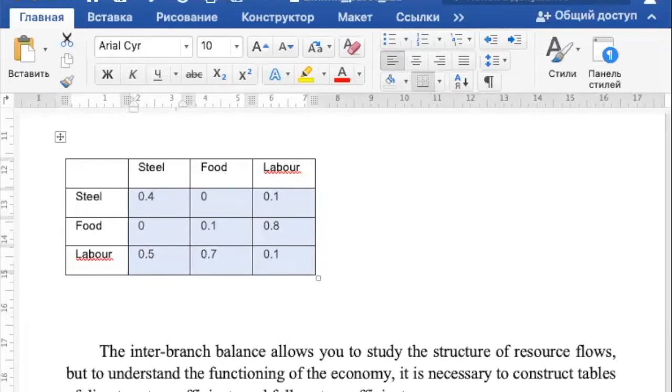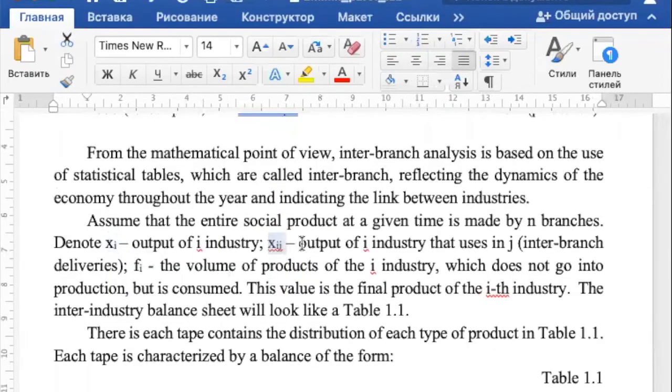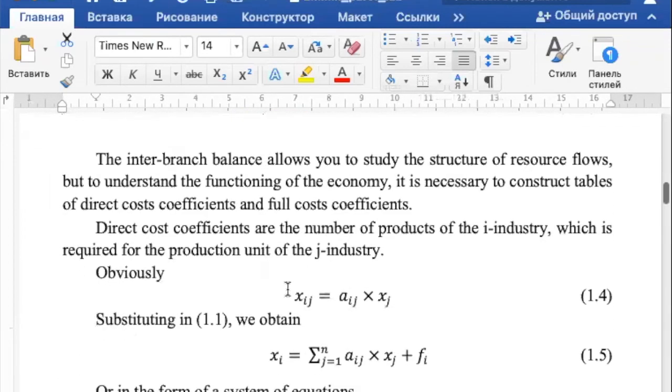If we want to explain the next formulas, Xij is the output of the I industry that is used in the J industry. So it is our interbranch deliveries. If we want to find interbranch deliveries, or outputs of the I industry that is delivered to the J industry, we need to use these direct costs.